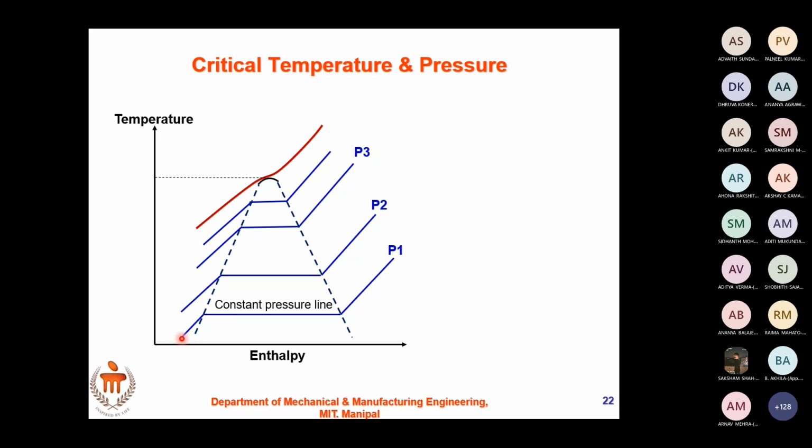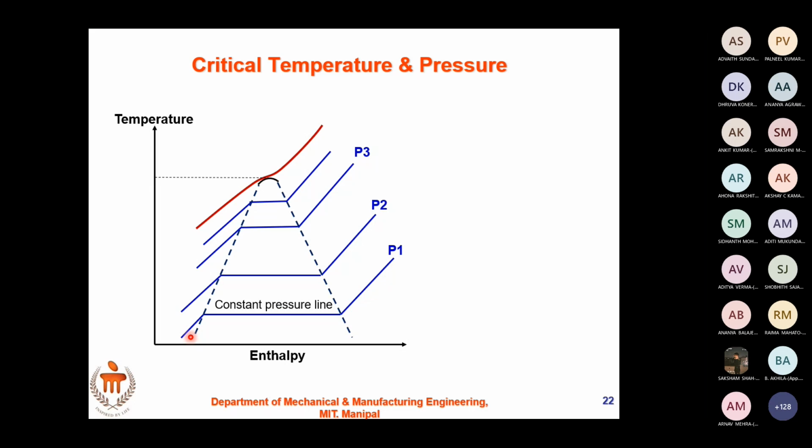You are boiling it at pressure P1, which is atmospheric pressure, just as an example. You will end up with saturated water. Then you go on adding heat till the entire saturated water converts into saturated steam. Once again you add heat to saturated steam, and you get superheated steam. So this is the experiment conducted at pressure P1.